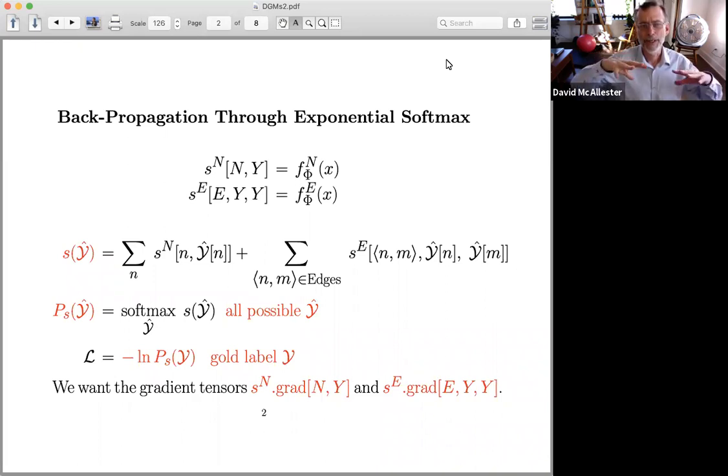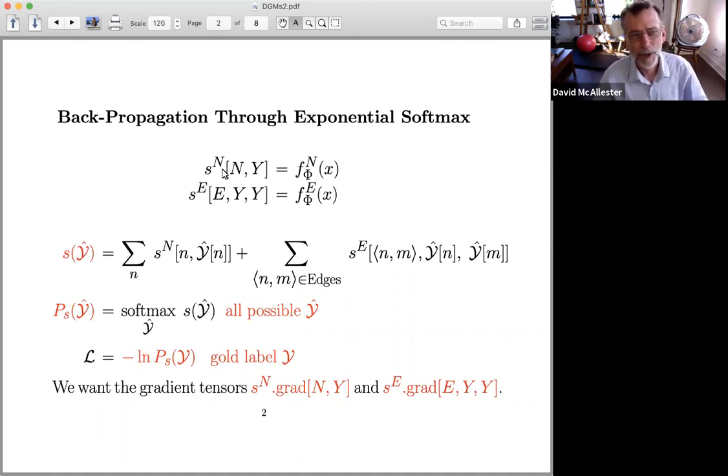And there are going to be exponentially many possible labelings of the whole graph from the little local node labelings. So we're assuming a deep network. What's happening is we're assuming that for each node and each label for that node, there's a score, or an energy.